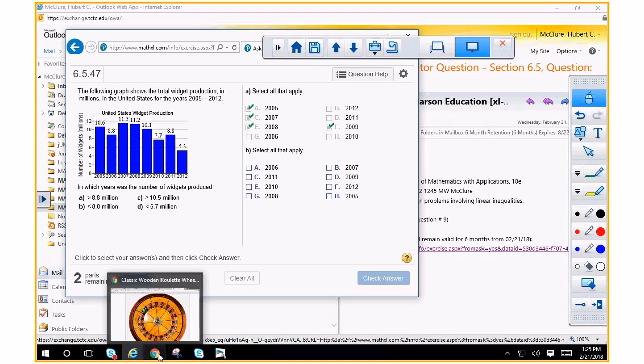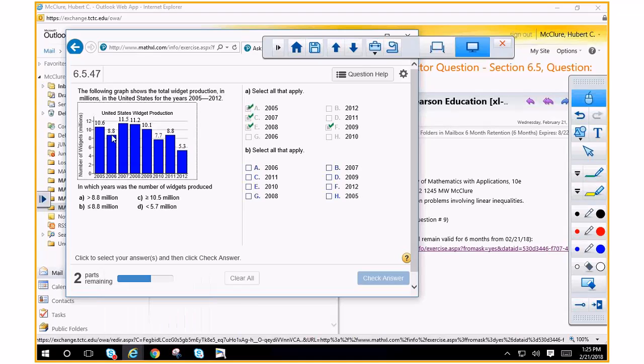In which years was the number of widgets less than or equal to? 6, 10, 11, 12.